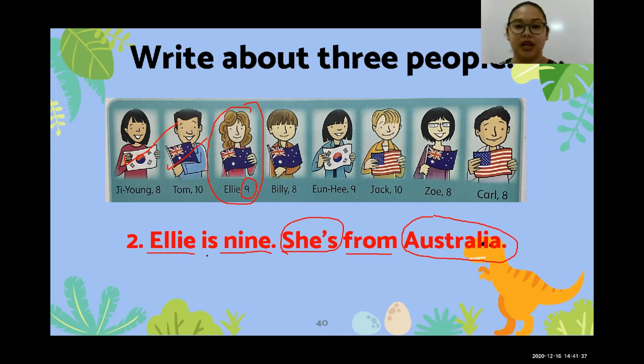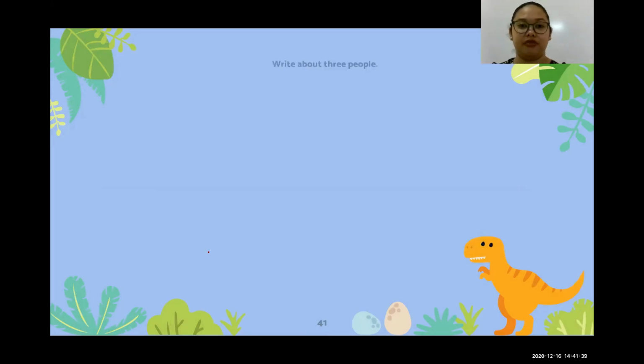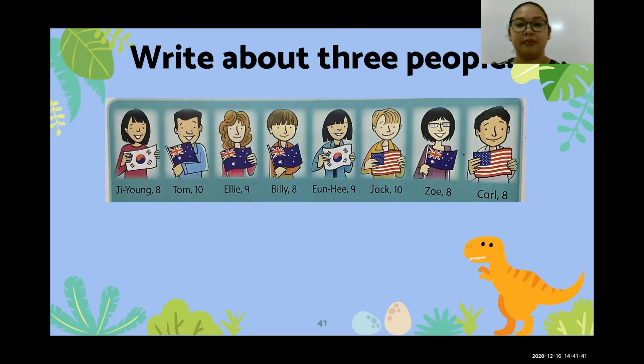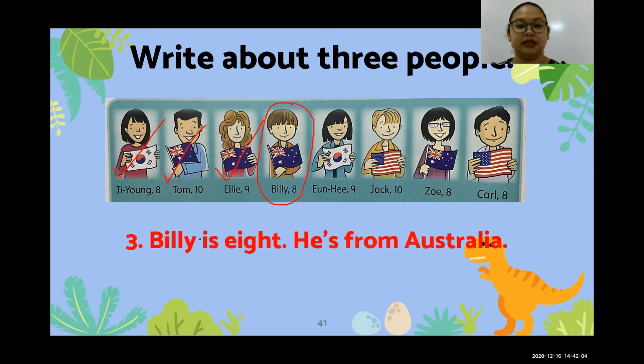So this is number 2. Let's go to our example number 3. Write about 3 people. We're done with Jiyoung. Finished. Now we're finished with Tom. Ellie also is finished. So we'll write about Billy. Okay? So let's write here. Billy is 8.